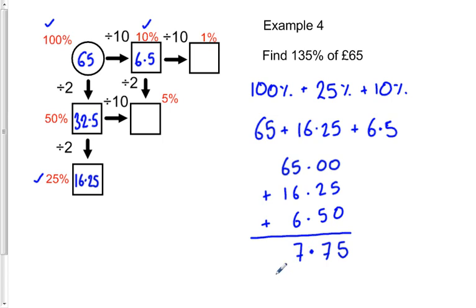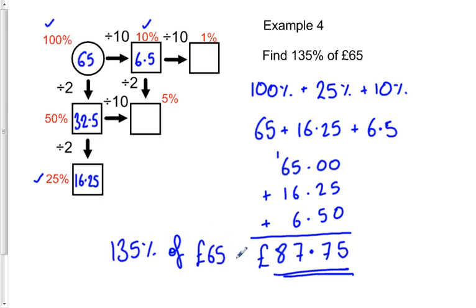Now I know some of you put the 1 down at the bottom. I normally put it up here at the top. 1 plus 6 is 7, plus 1 is 8. We get 87.75, and that's £87.75. And we can say that 135% of £65 is equal to this. And since it's bigger than 100%, we can see that we have gone over the original £65.